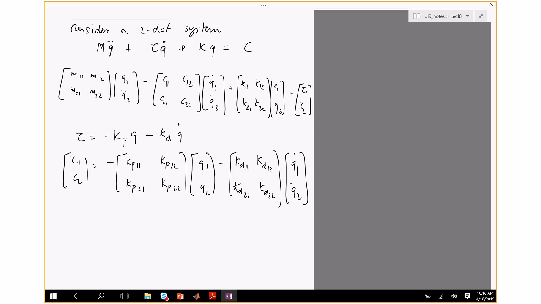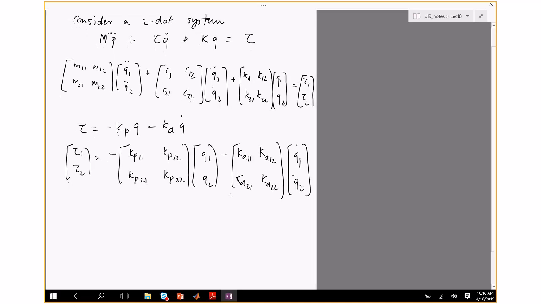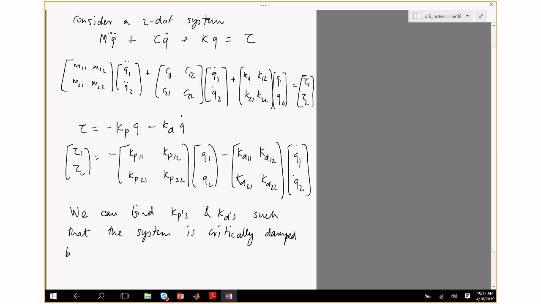It's doable, but much harder. We can find Kp and Kds such that the system is critically damped, but the calculations are too long.